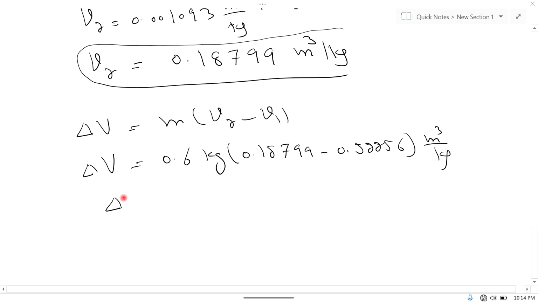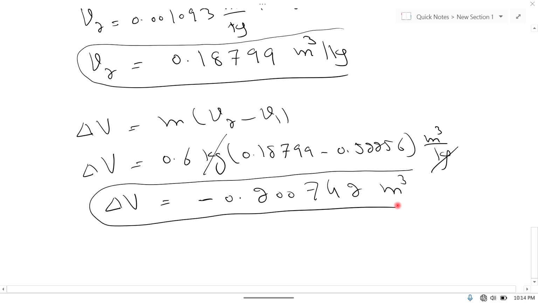Kilogram will cancel with kilogram, and delta V is equal to minus 0.200742 cubic meter. Now the change in volume is negative, so the negative sign means that volume decreases. So this is the final answer: volume decreases.